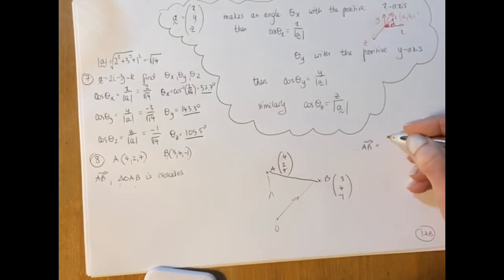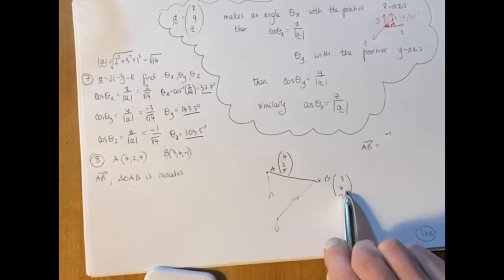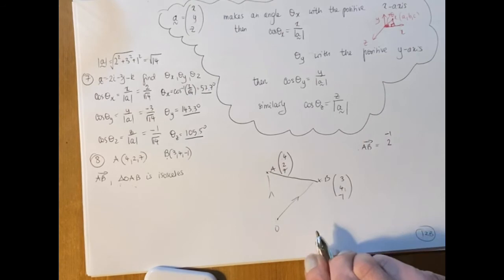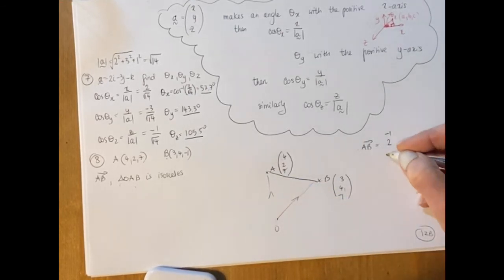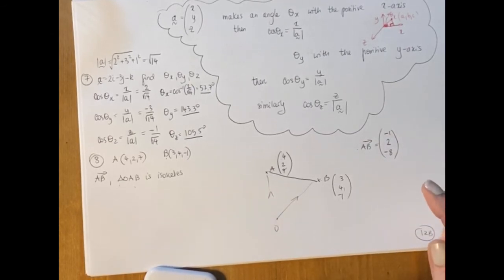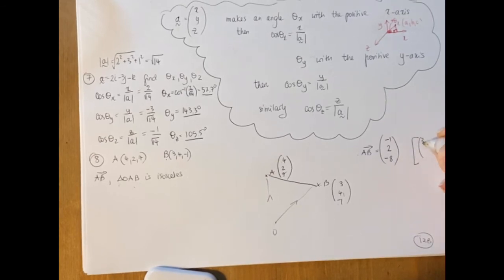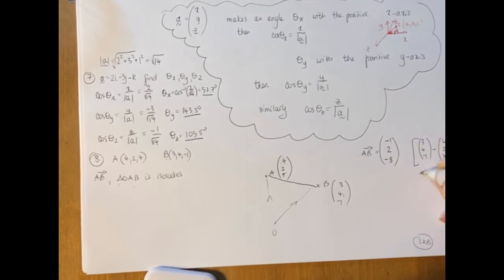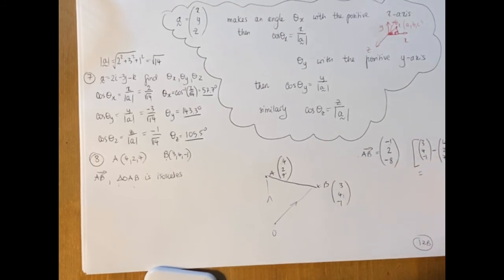So 4, you go down 1, so it's minus 1, 2 to 4, you add 2, 7 to minus 1, you take away, going down 8. If you want to check, 3, 4, minus 1, subtract 4, 2, 7. So 3 take away 4 is minus 1, 4 take away 2 is 2, and minus 1 take away 7 is minus 8, so that's correct.